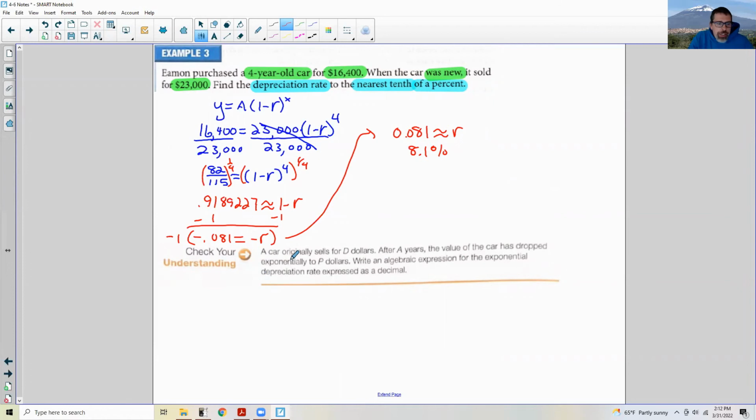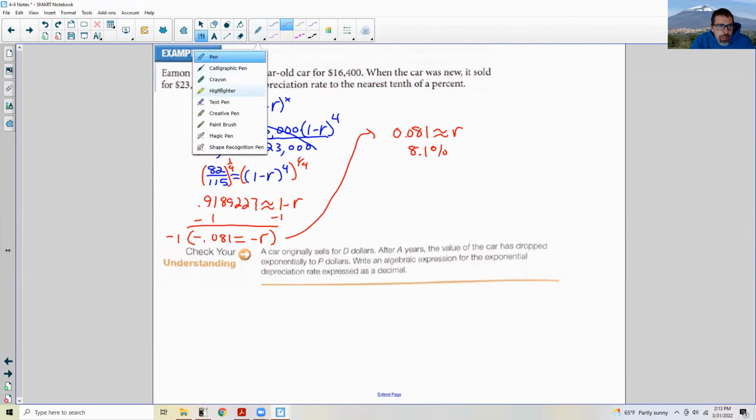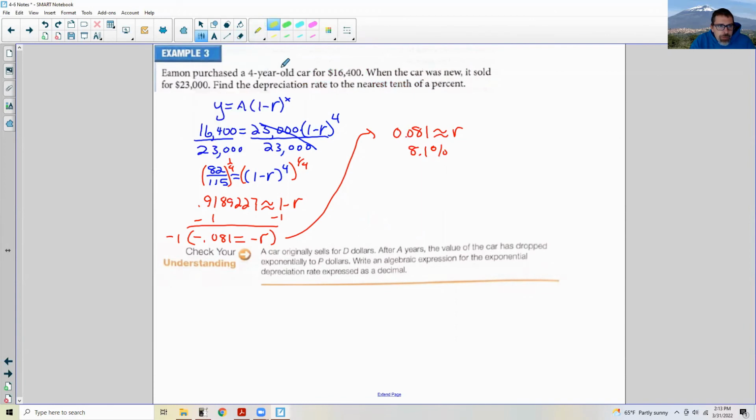Now check your understanding. It says a car originally sells for D dollars after A years. Okay, so I'm just going to color code these. So let me erase all of this. Okay, and let me highlight using different colors.